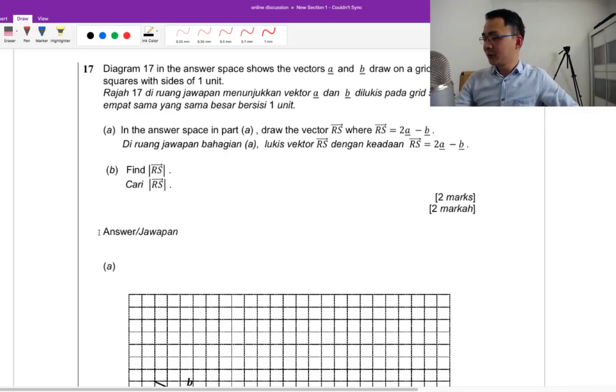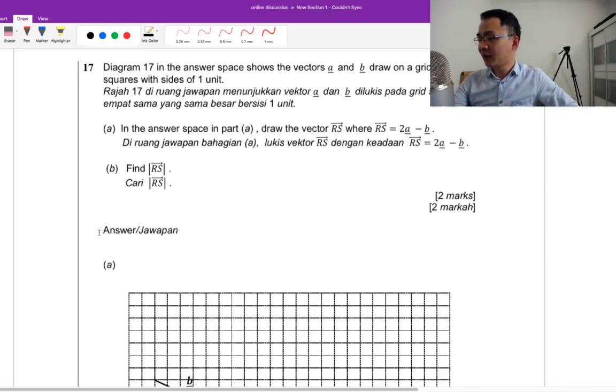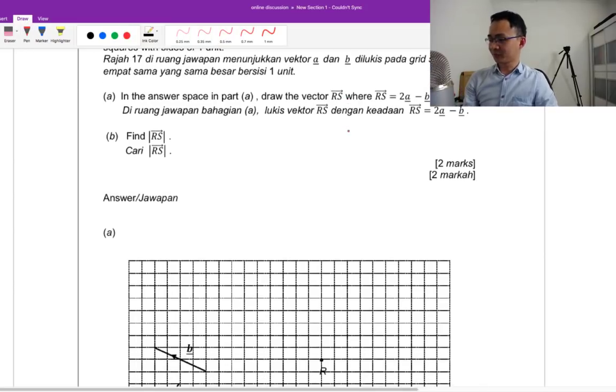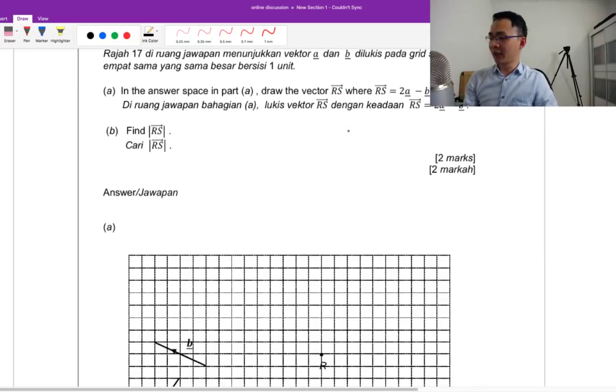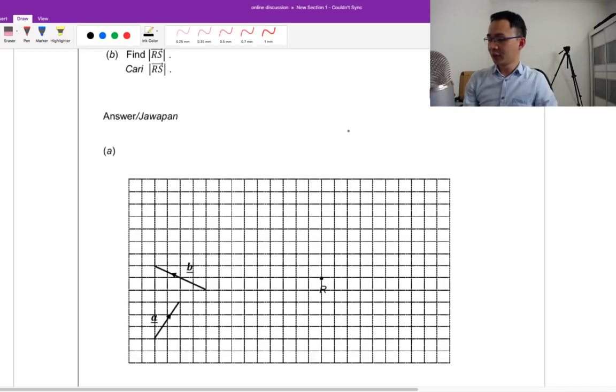This vector question, diagram 17: in the answer space, show the vectors A and B, drawn on the grid of equal squares of side 1 unit. In the answer space, draw RS equals 2A minus B. So R is over here.